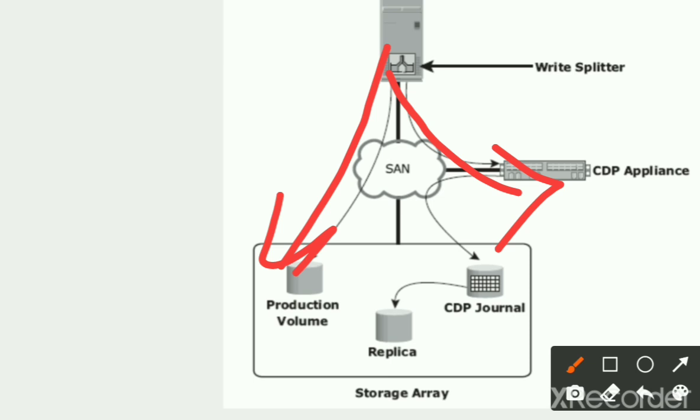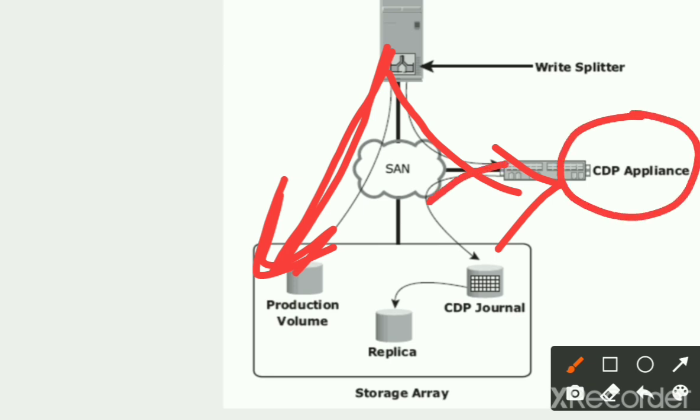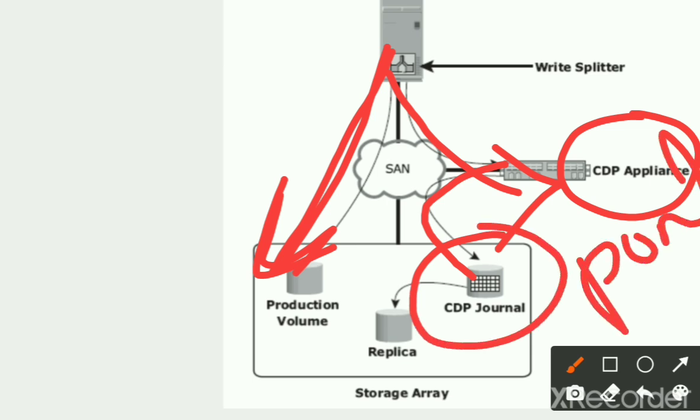Once the data is moved to the production volume, the CDP journal maintains the pointers to each and every piece of data, and that data is later moved to the replica.